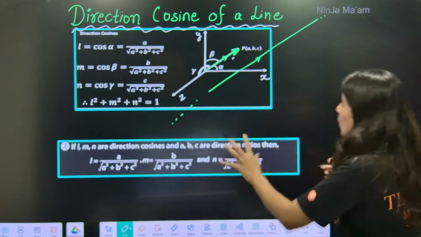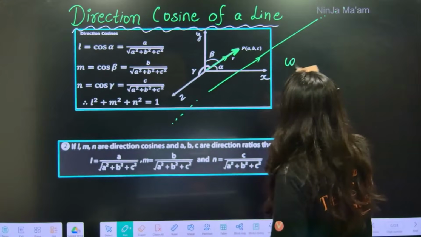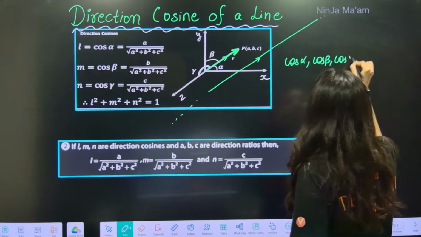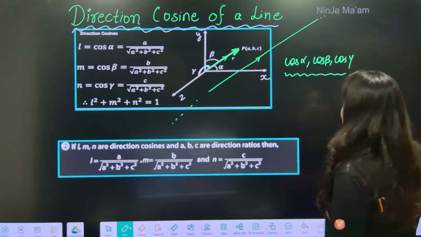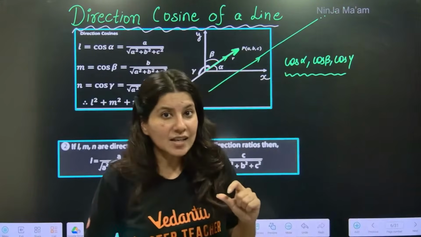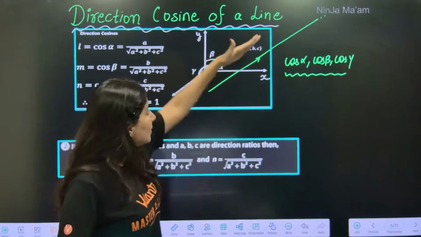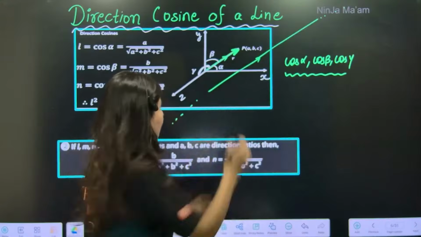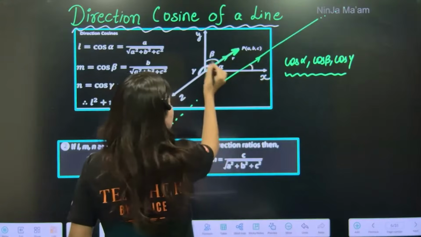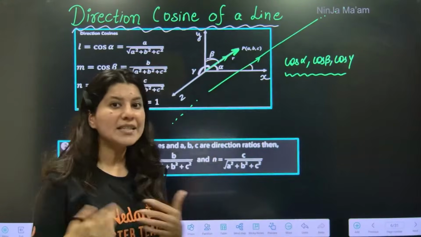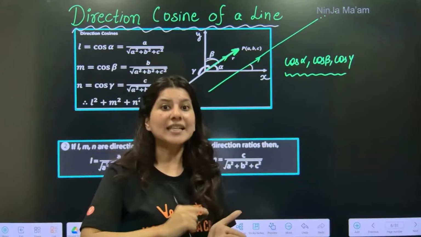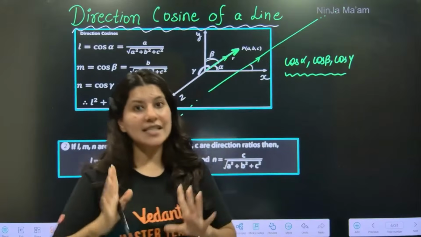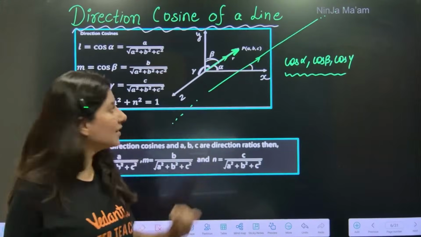So cos alpha, cos beta, and cos gamma are the direction cosines of the line, where alpha, beta, gamma are the angles made by the line with the x-axis, y-axis, z-axis respectively.